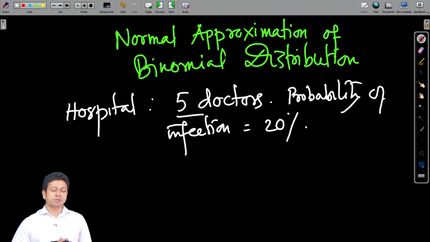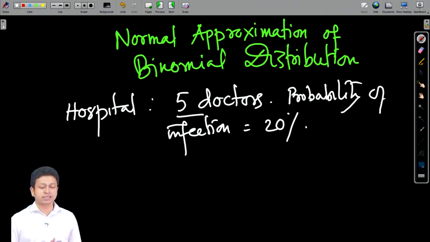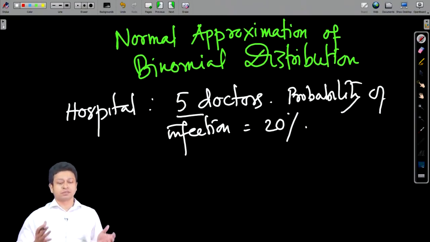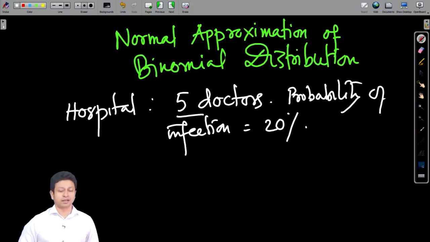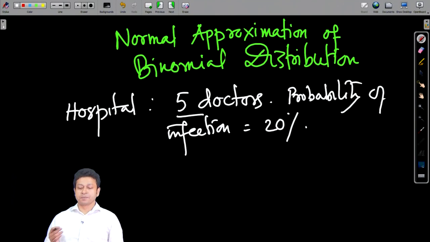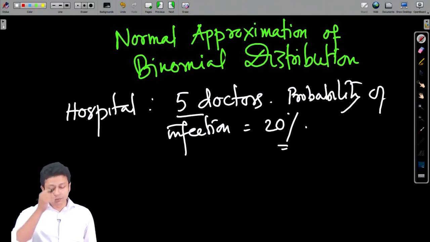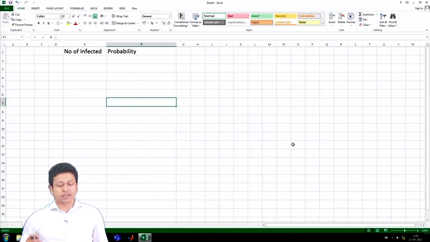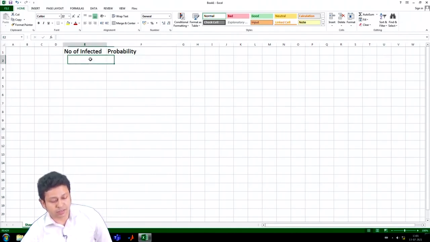So the hospital has called one of you as a statistician to help them constitute a probability table of doctors getting infected. How many doctors will be infected, and what is the probability of each of these individual events? Let us say we use a simple Excel sheet here, and I have already written it down: number of infected and their corresponding probability.